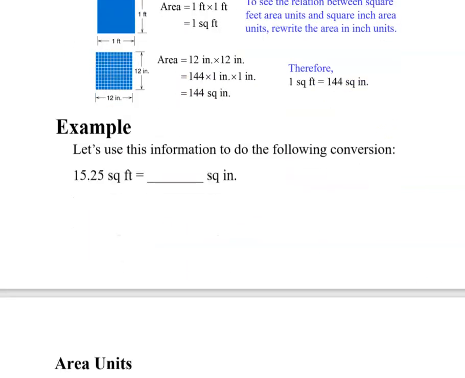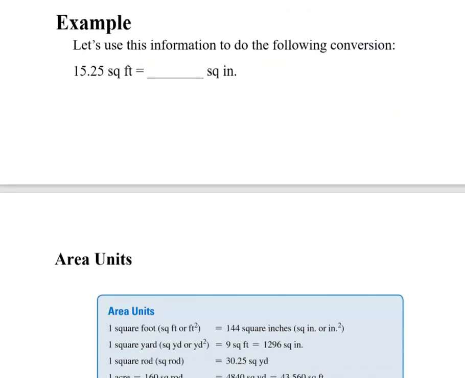Let's use the information to do the following conversion. If I've got 15.25 square feet, how many square inches is that? Well, here's what I know. I know that there are 12 inches in 1 foot.